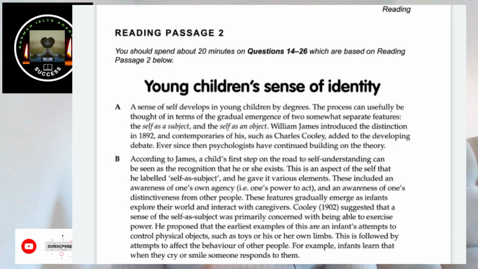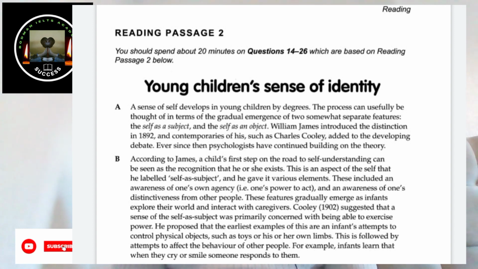That is what Cooley is suggesting. He proposed that the earliest example is an infant's attempt to control physical objects, such as toys or his or her own limbs.